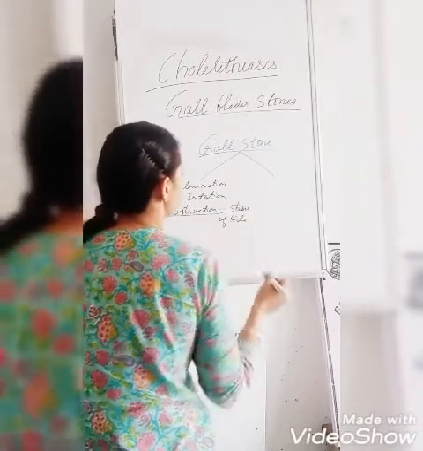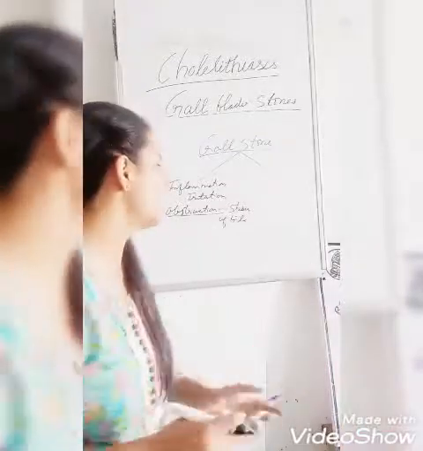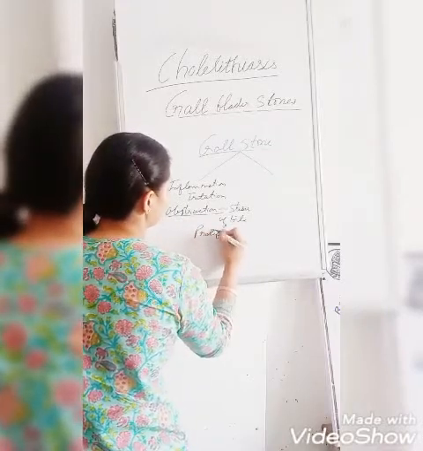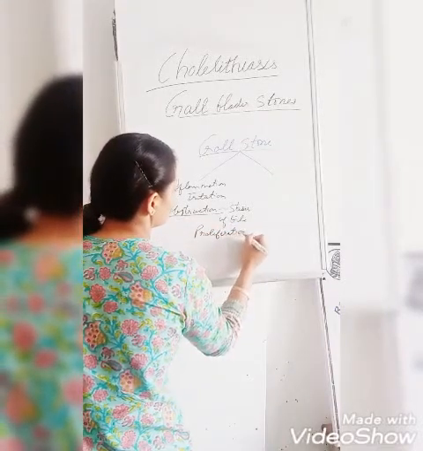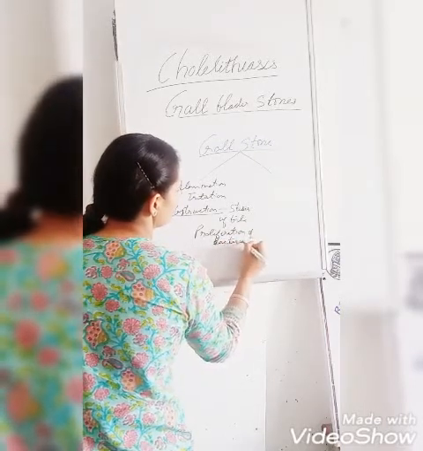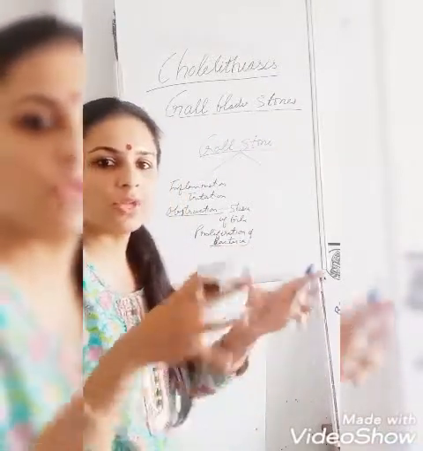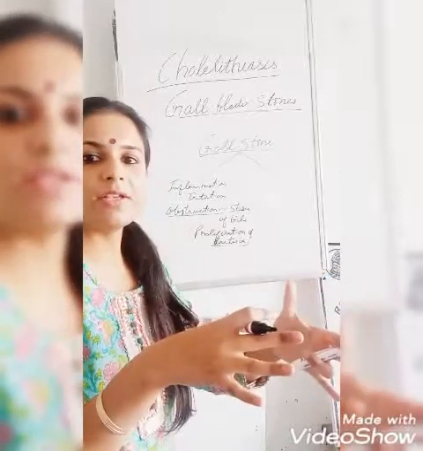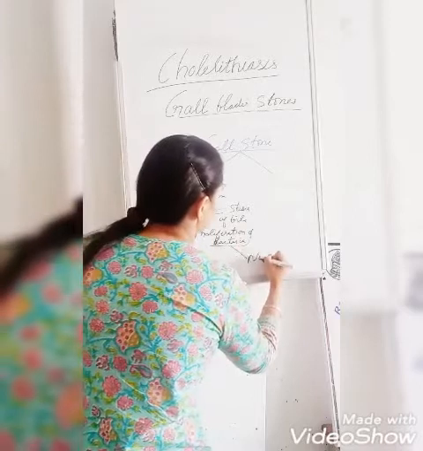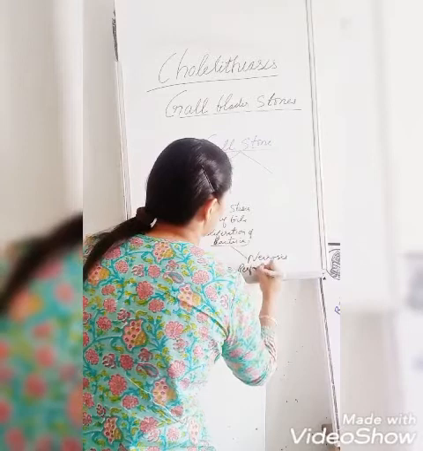When there is stasis of bile, sluggish or impaired flow of the bile, that will result in the proliferation of bacteria. The bacteria will easily grow because there is obstruction to the bile flow. So the bacteria will easily reach there and proliferate and will cause necrosis or perforation of the gallbladder.